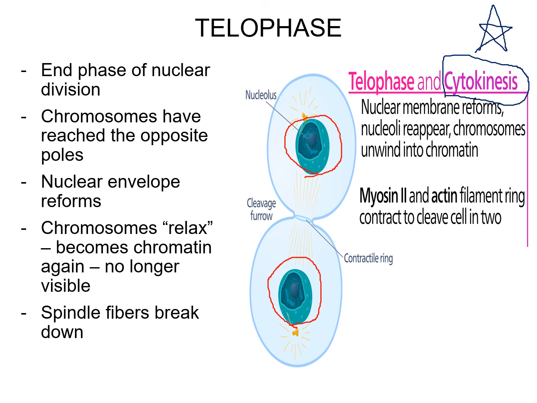But once the cytoplasm continues to be pulled towards their respective cells, this little indentation called the cleavage furrow will actually pinch off, and what we'll have is two identical daughter cells. Exact same DNA, exact same organelles, exact same everything, but they're two cells now instead of one.